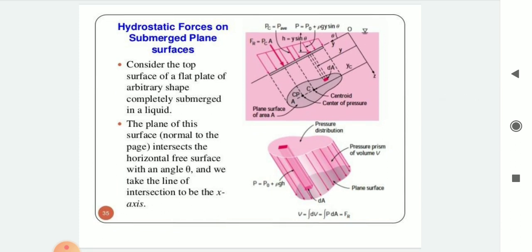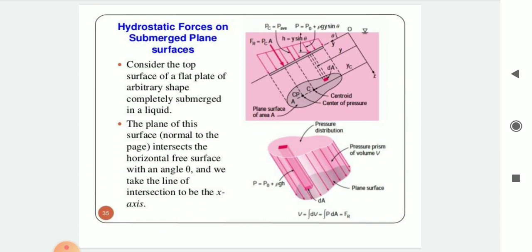Then, hydrostatic forces on submerged plane surfaces. Consider the top surface of a flat plate of arbitrary shape, completely submerged in a liquid. In the figure, you can see the centroid, center of pressure, the plane surface of area A, and the pressures which are acting on it.